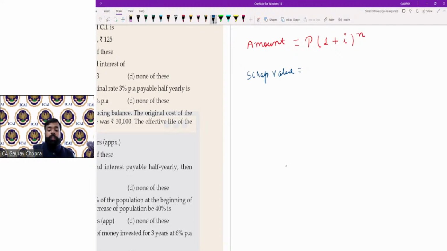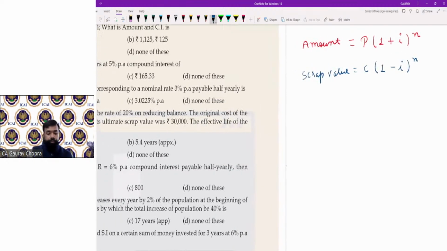Now in place of principal we have to write the cost of the asset, so I'm writing C, then 1. Now interest, here there is no interest but there is depreciation and the value is reducing. So in place of plus use minus sign. So 1 minus I, whole to the power of n. What we have done is, in place of plus we have done minus, and the whole format is exactly the same.